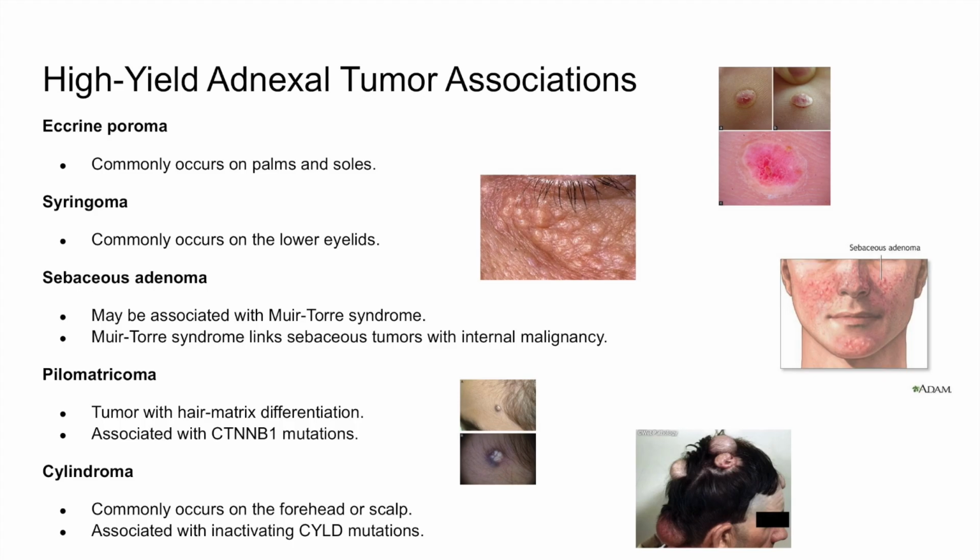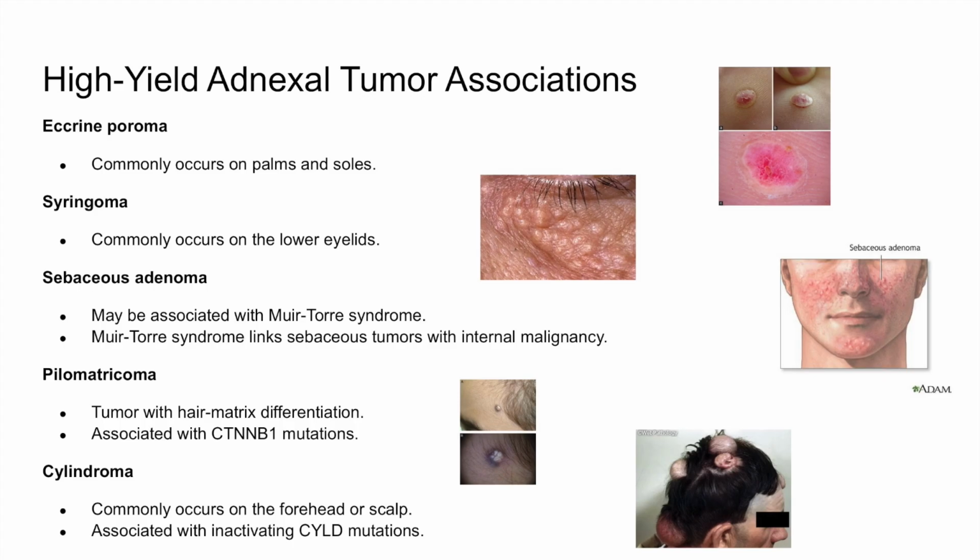Pilomatricoma shows hair matrix differentiation and is associated with activating CTNNB1 or beta-catenin mutations. Cylindromas favor the scalp and forehead and are associated with loss of the CYLD tumor suppressor gene.